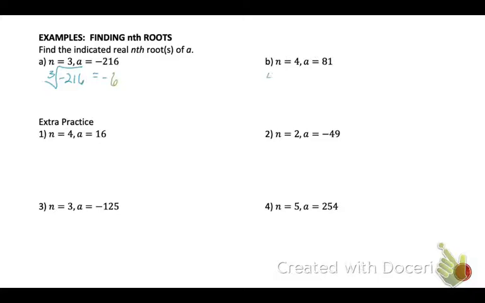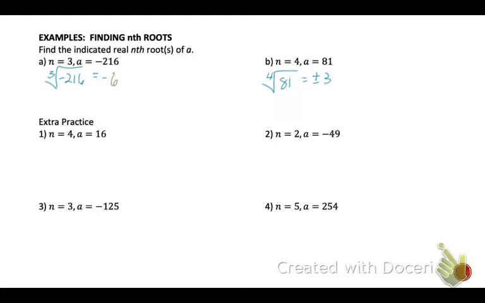Now let's look at b. The 4th root of 81. What number can I multiply by itself 4 times to give me 81? 3. And in this case, we're going to give both the positive and the negative. We can multiply positive 3 and negative 3 by itself 4 times to give us positive 81.